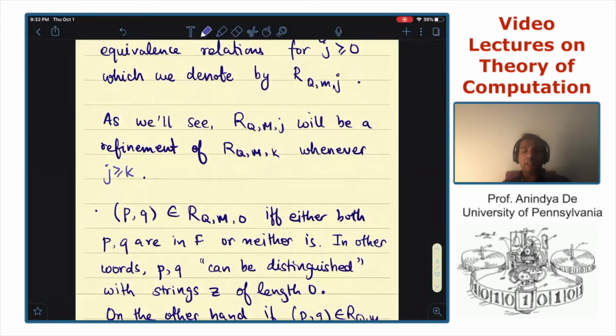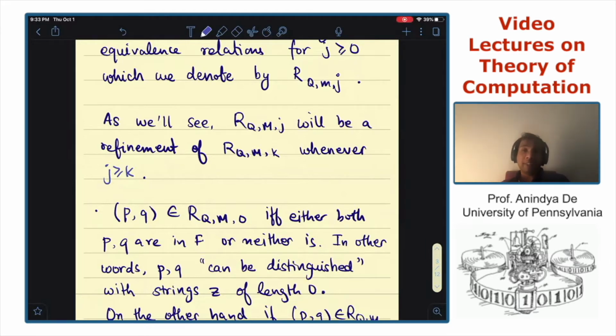So now let me define what R_{Q,M,j} is. Let's start with what R_{Q,M,0} is. Two states P, Q are said to be in R_{Q,M,0} if either both are accepting states or neither is. An instructive way to think about R_{Q,M,0}, even though the definition is very simple, is that first of all, it takes all the states and partitions them into two parts, the accepting states and the non-accepting states.